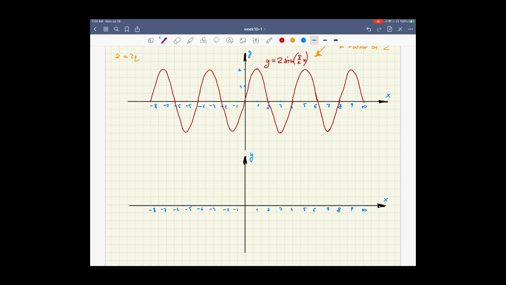All right, so the graph will accordingly look like this.